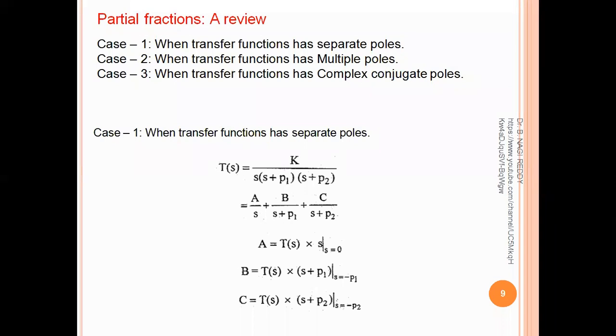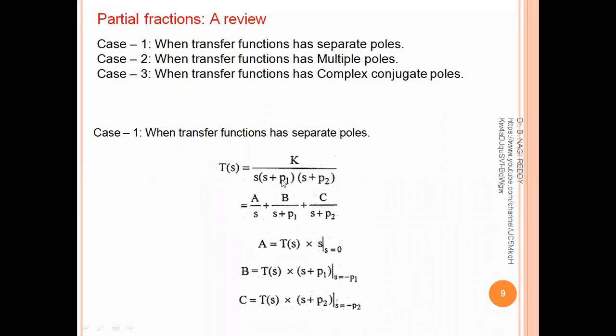So these are the three cases that we may have in the partial fractions. So we need to learn these three cases so that we can easily solve the problems. The first case is when the transfer function has separate poles. So that is our first case.